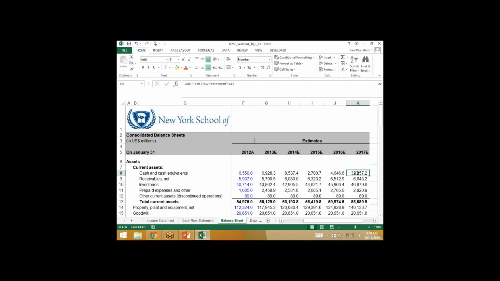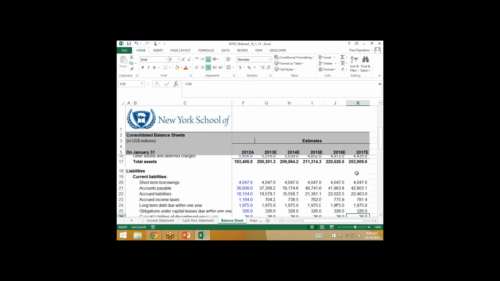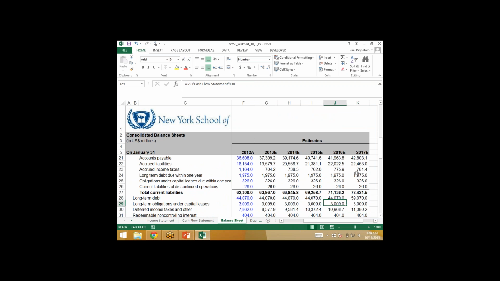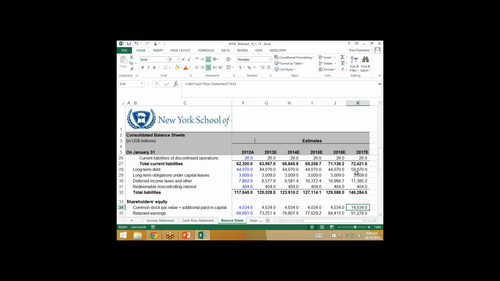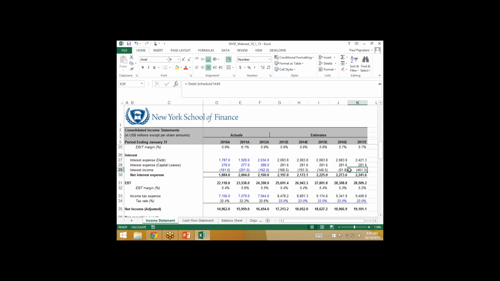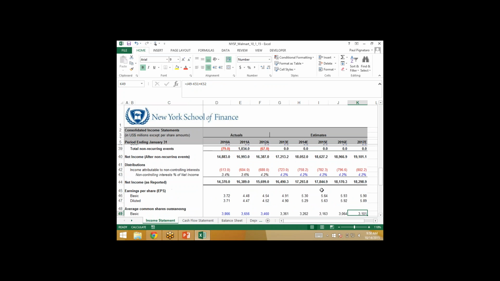Here's another 10 billion. It was 22, now it's 32. And the shareholders' equity now goes up, sorry, from 4 to 14. Common stock. So we have stock, we have debt. And on the income statement, we have even more interest income. It went from 300 to 400. And we should have more shares.